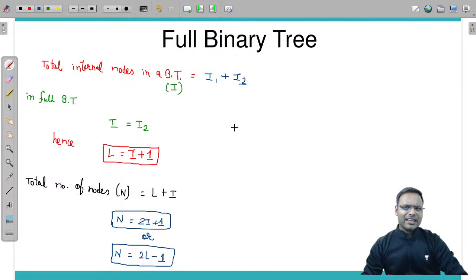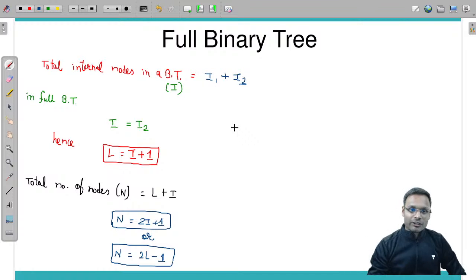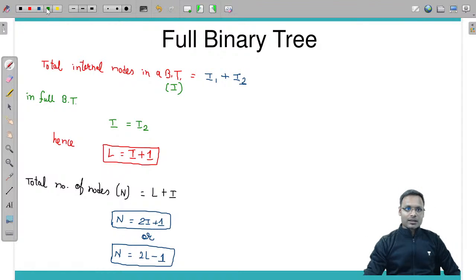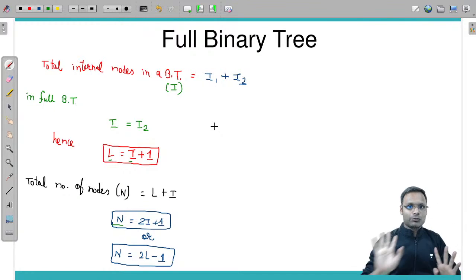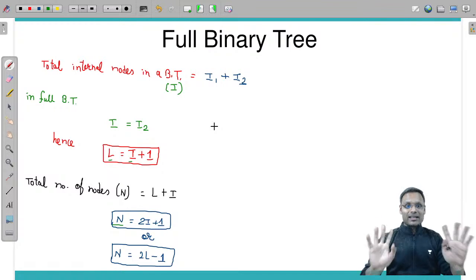Now, if I give a full binary tree in which the total number of internal nodes is given, you can calculate the number of leaf nodes, and in turn you can calculate the total number of nodes. So if one thing is given, you can calculate the rest of the two things. Easily? Yes, easily.